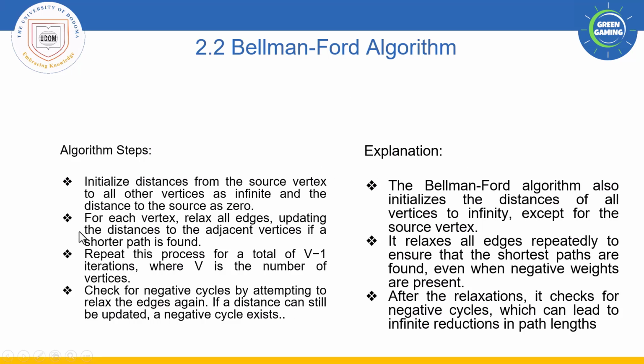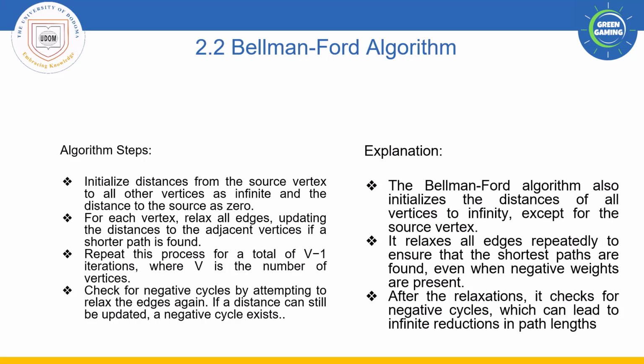Second is the Bellman-Ford algorithm, right? In the Bellman-Ford algorithm, we initialize the distance from the source vertex to all other vertices as infinite, and the distance to the source as 0. Same as the Dijkstra algorithm, right? Then for each vertex, relax all edges.